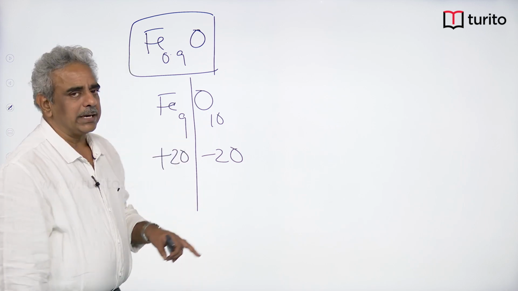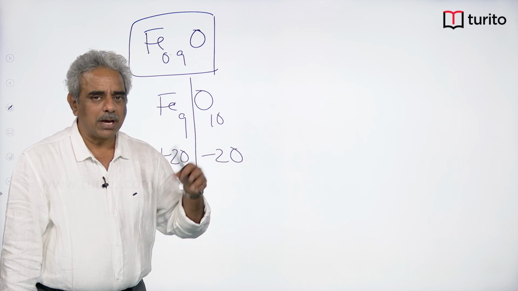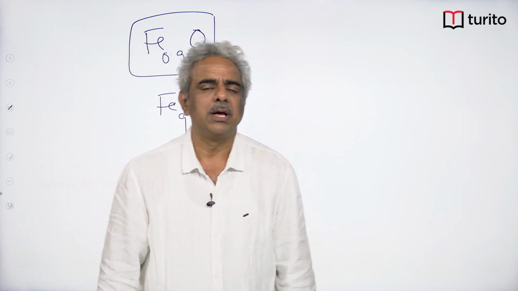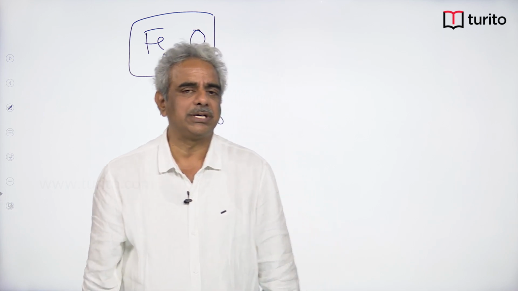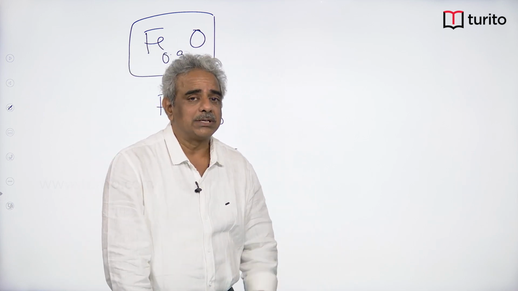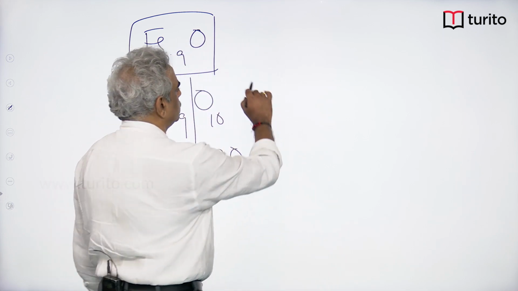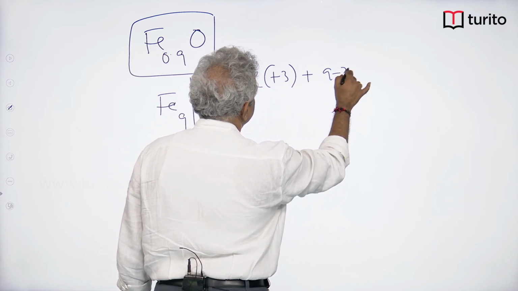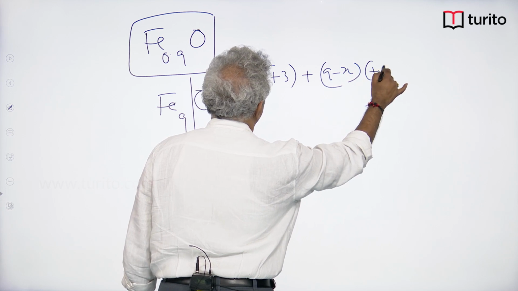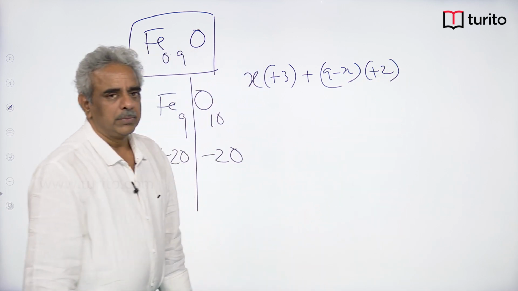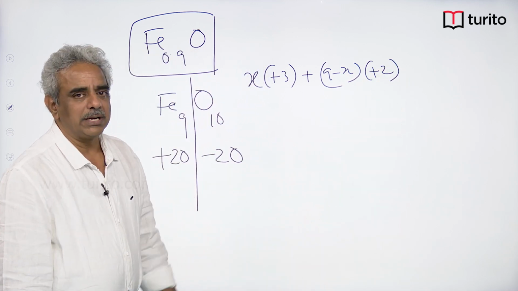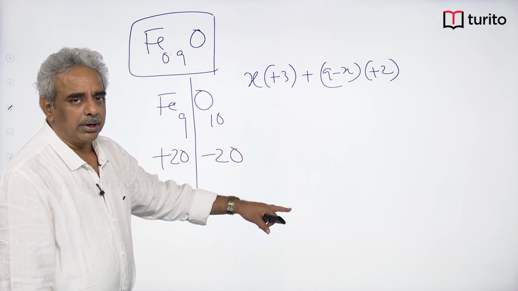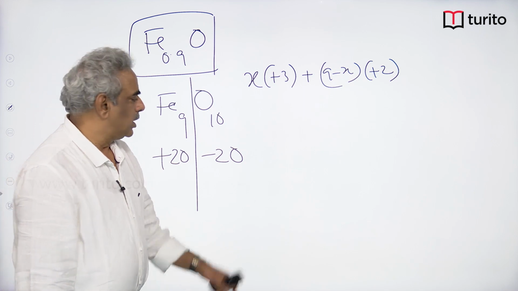So, out of 9 irons, some are +3, some are +2. How many are +3? How many are +2? Let us think x irons are in +3 state, 9 minus x will be in +2 state. So, x into +3 plus 9 minus x into +2 must contribute +20 in order to neutralize the charge of 10 oxygens.